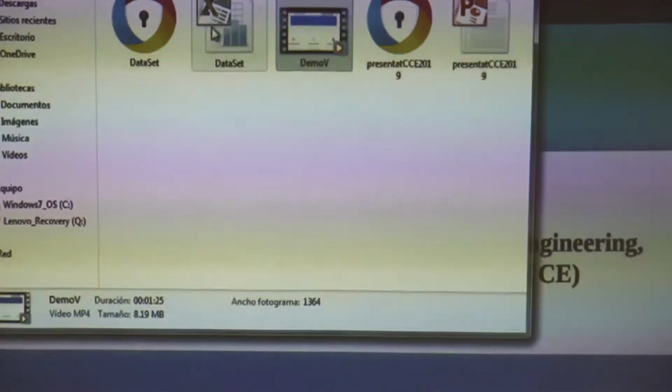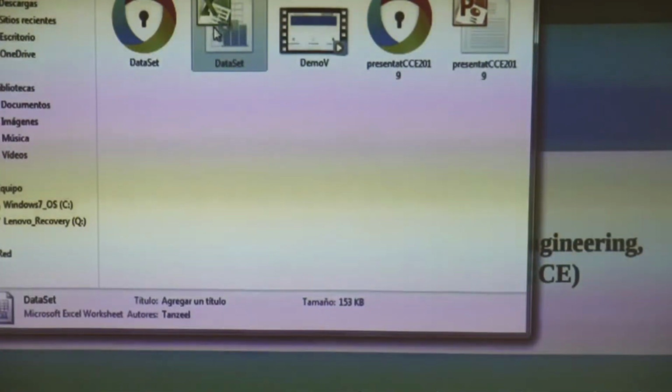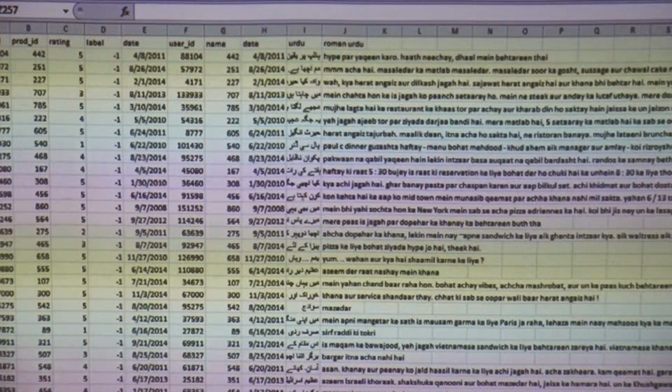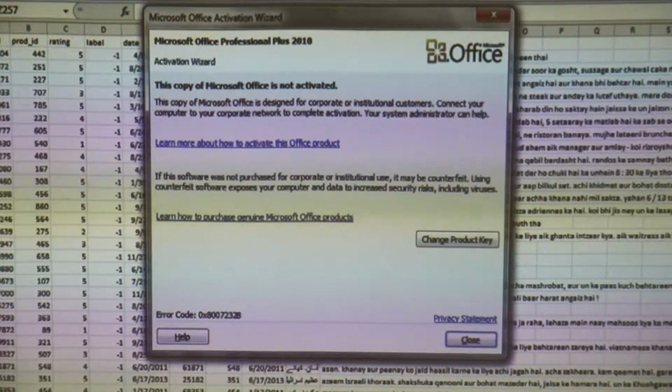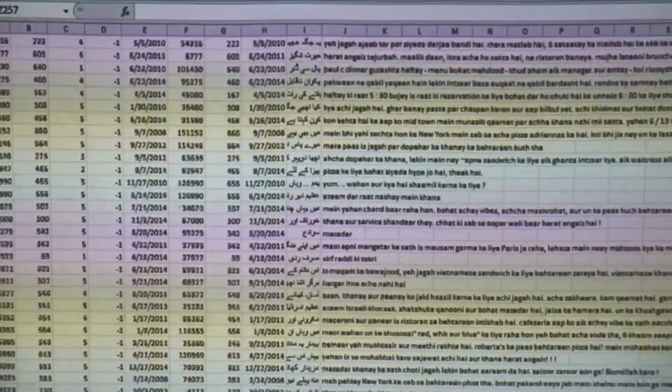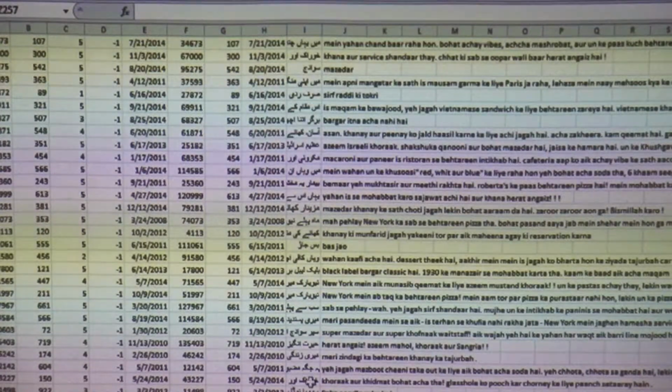This is an example of the database. We don't understand Urdu and Roman Urdu. Yes, we can open it. This is one of the databases we used for the training.